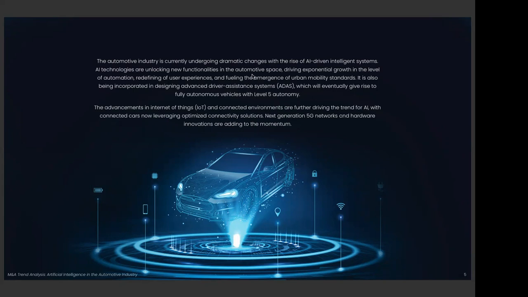Now, for a car to move from point A to point B, one, it needs to know the road. Two, it needs to have enough data so that whenever it sees a human being crossing, it can stop or go.